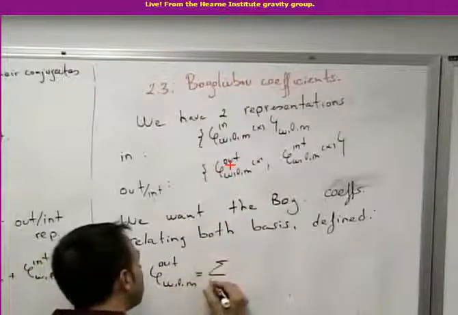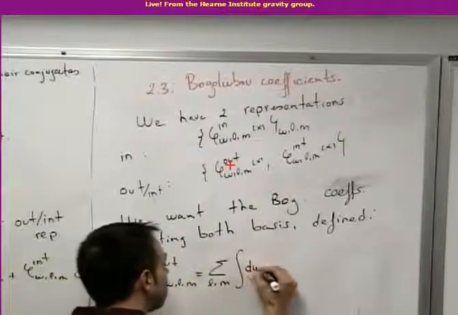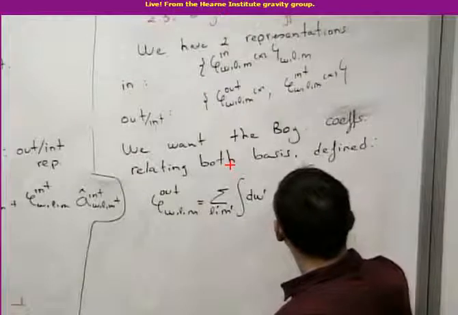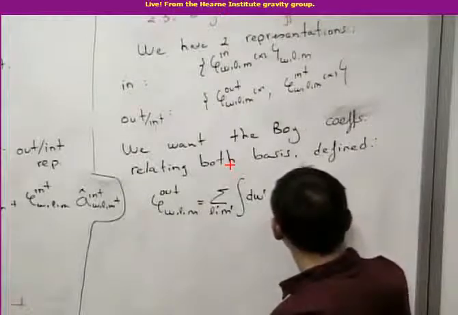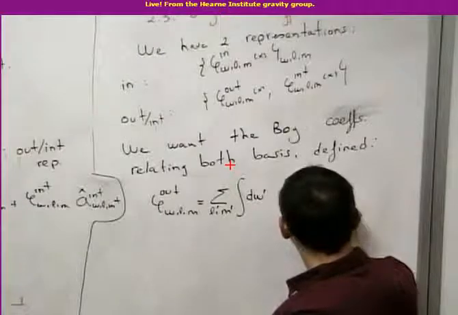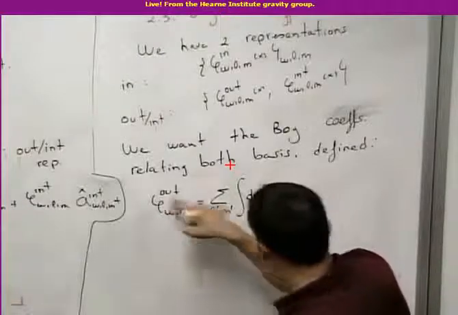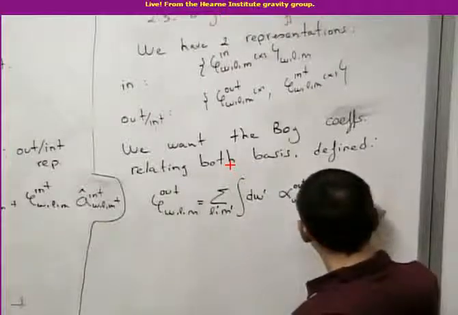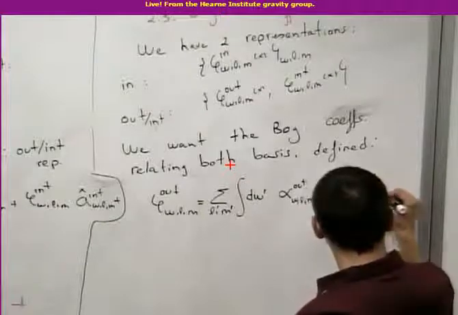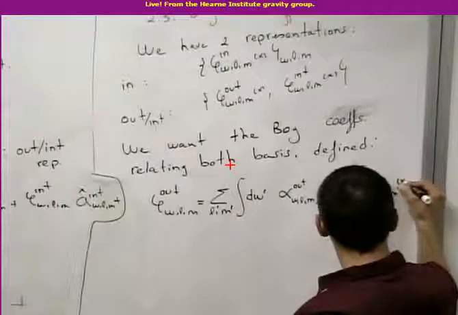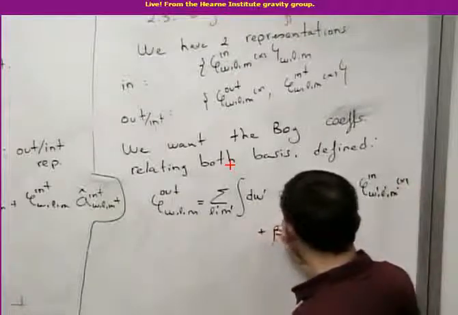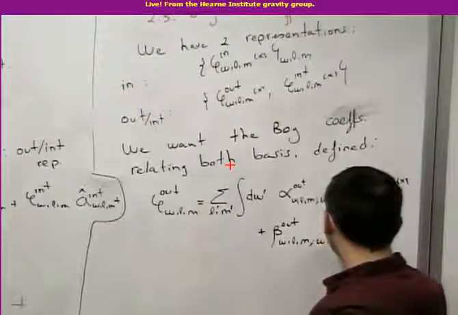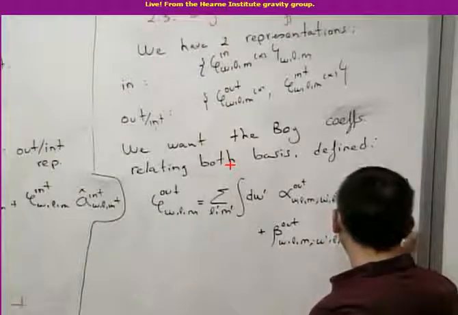So I have to sum over the in basis, with primes, and it's going to be some coefficient having indices, in fact, the first one has an additional index out, and indices for the basis, the in mode, plus another coefficient times the in mode conjugate.